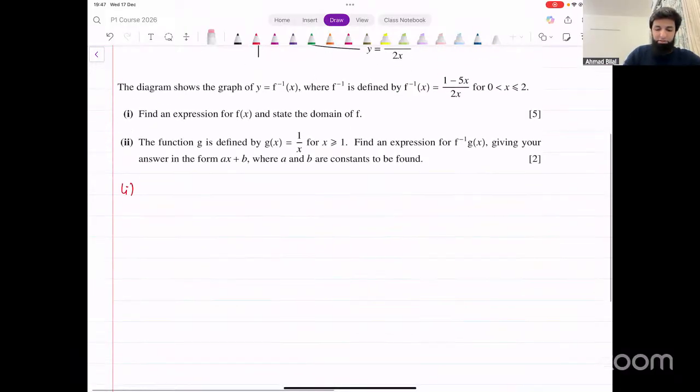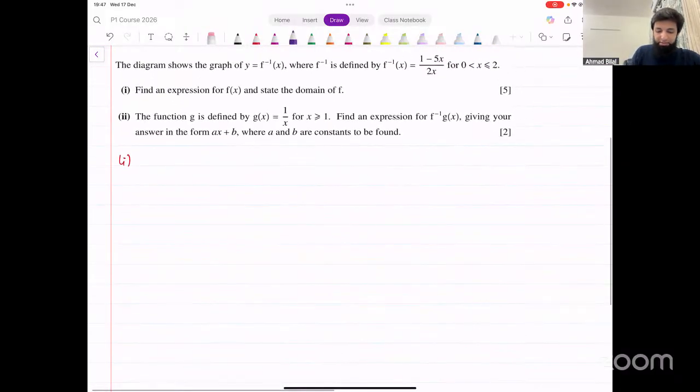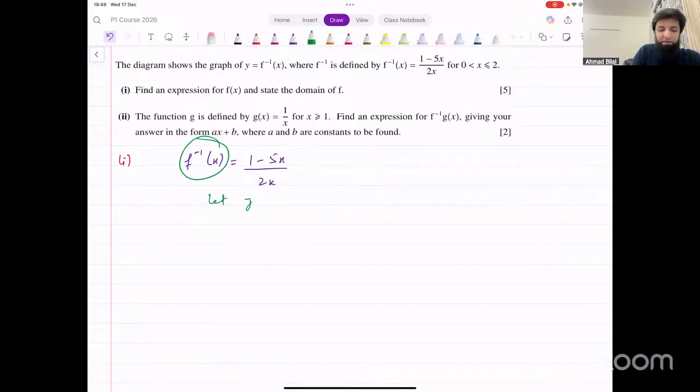Let's start with this. This is the inverse function that we're given, f inverse of x, that is equal to (1 minus 5x) divided by 2x. We need to find the inverse of this function; that will give us f of x. We do it the same way as before. We replace this with y: y equals f inverse of x.